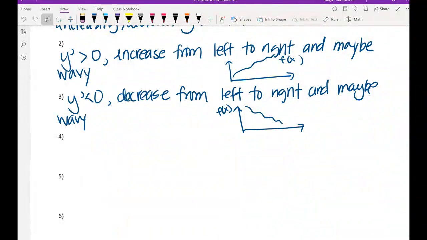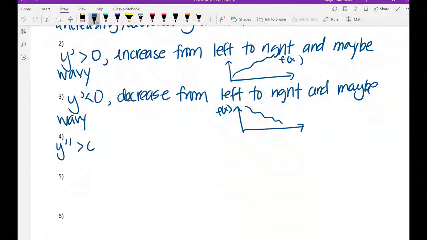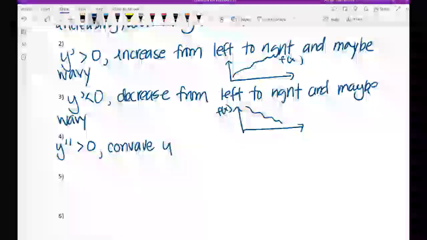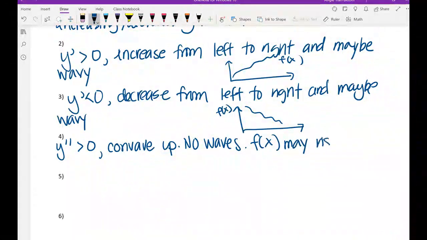Now the second derivative, y double prime bigger than 0, we are talking about concavity. If it's positive, concave up, there should be no waves, and f of x may rise or fall.